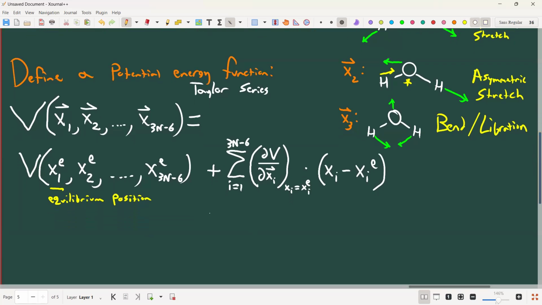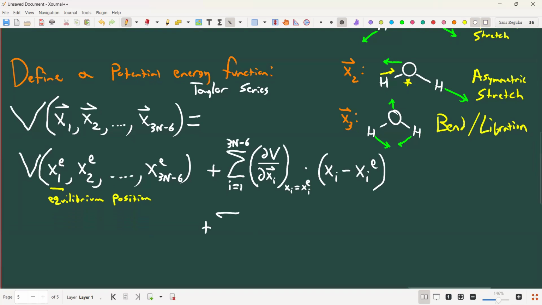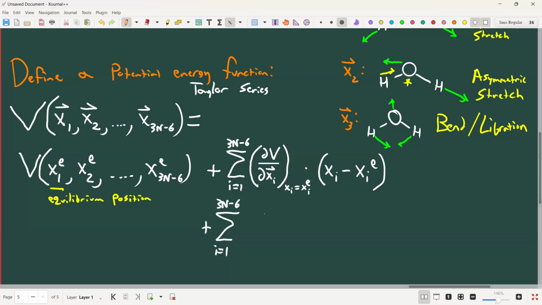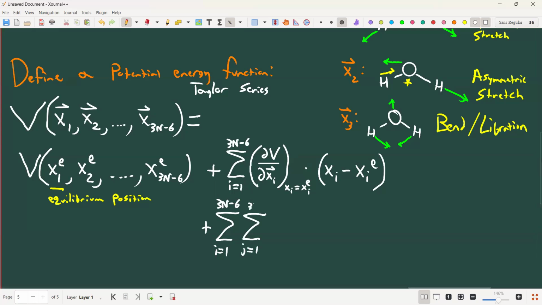And then finally, we'll just go to the second order, where we have second derivatives. But we're going to have two sums because we have to sum over all the different components.